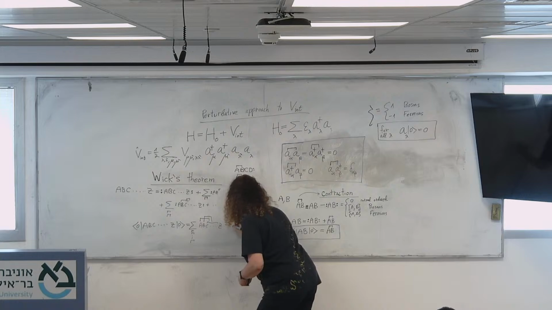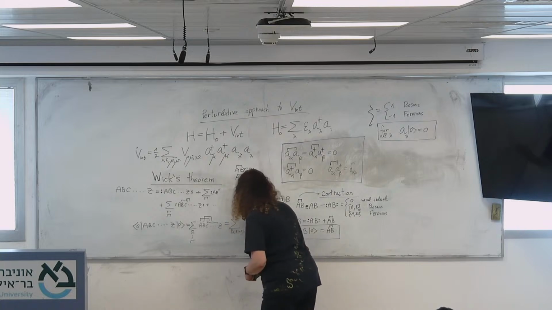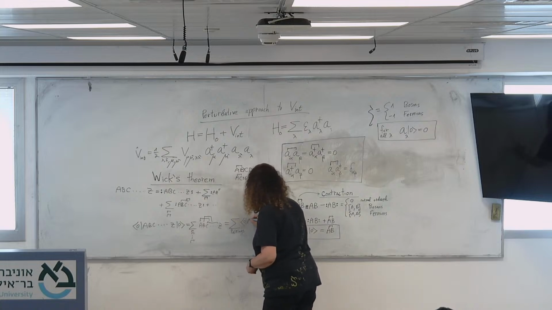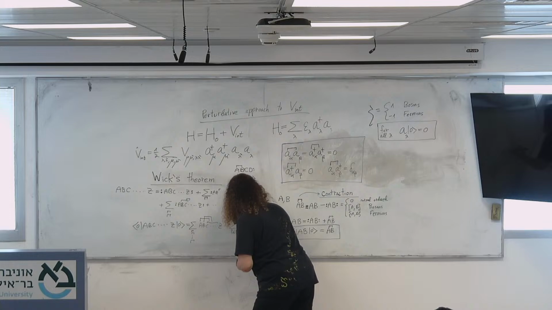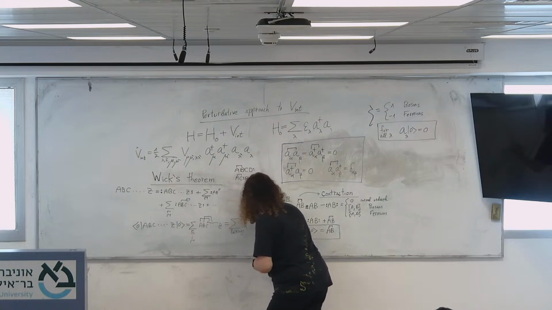It's a sum of pairings of the vacuum expectation value of A alpha, B alpha.